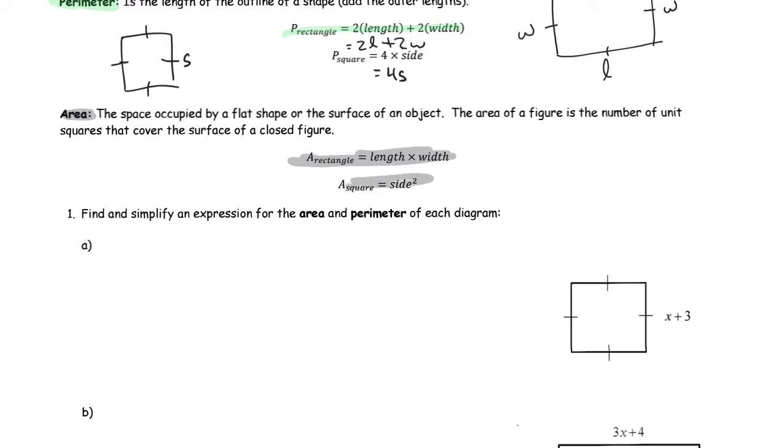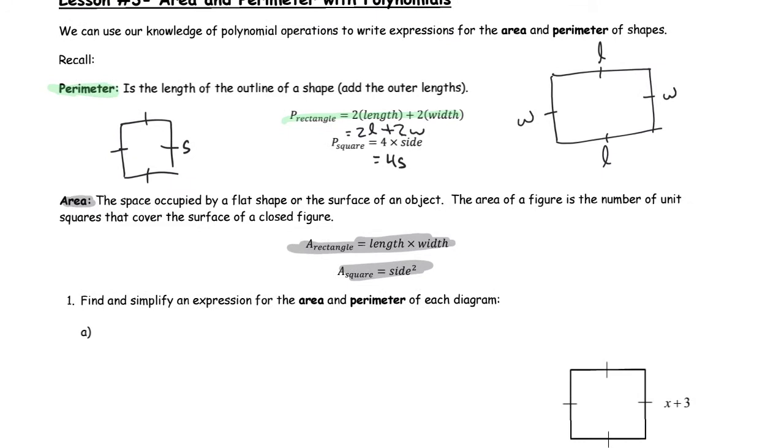But for the square, it's going to be a little bit different because the sides are all the same. Whereas for the rectangle we're talking about length times width, for the square that is simply going to be the side length squared, because the side length is the length, and the side length is the width.